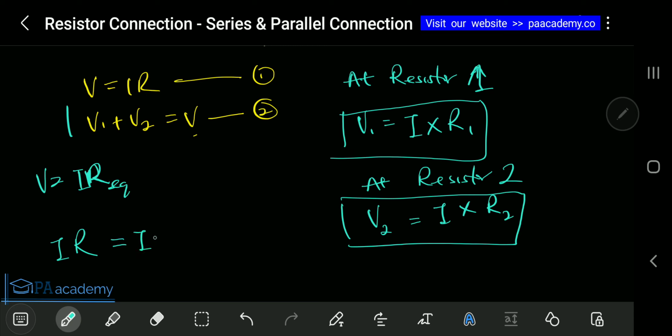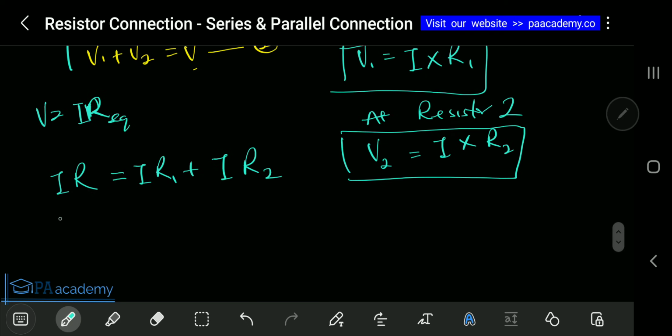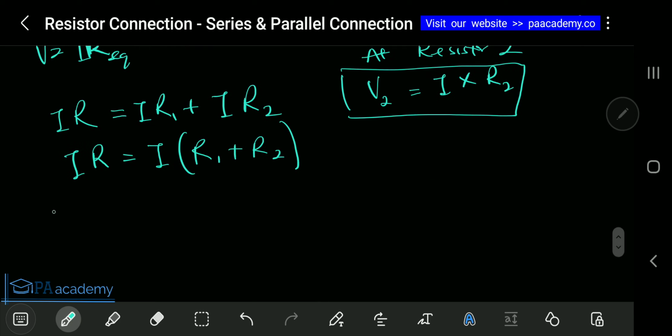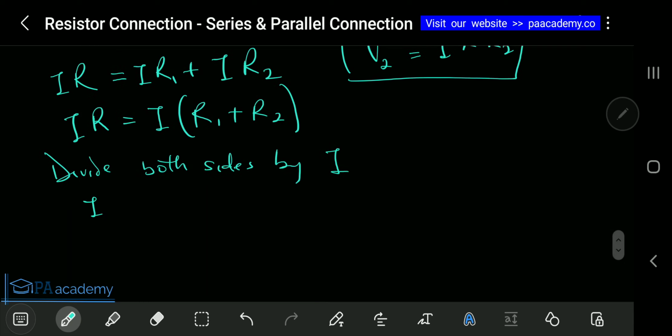Now we can divide both sides by I. So we have IR over I equals I into brackets R1 plus R2 over I. This cancels and this cancels, so our R is equal to R1 plus R2.